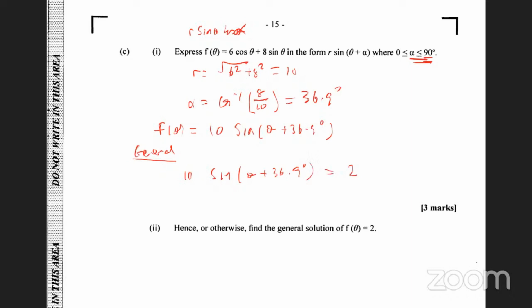When you're working out the general solution, right here is where you kind of stop, right? 2 and 10. And you're going to write whatever in the bracket, theta plus 36.9 is equal to, and here's where I write the general solution, n pi plus minus 1 to the n of alpha. How do you get alpha? You find sine inverse of this.